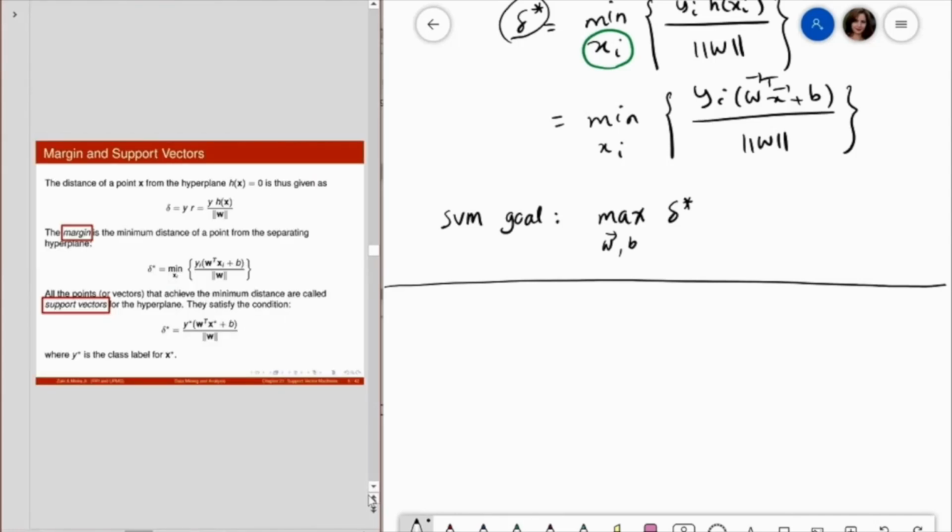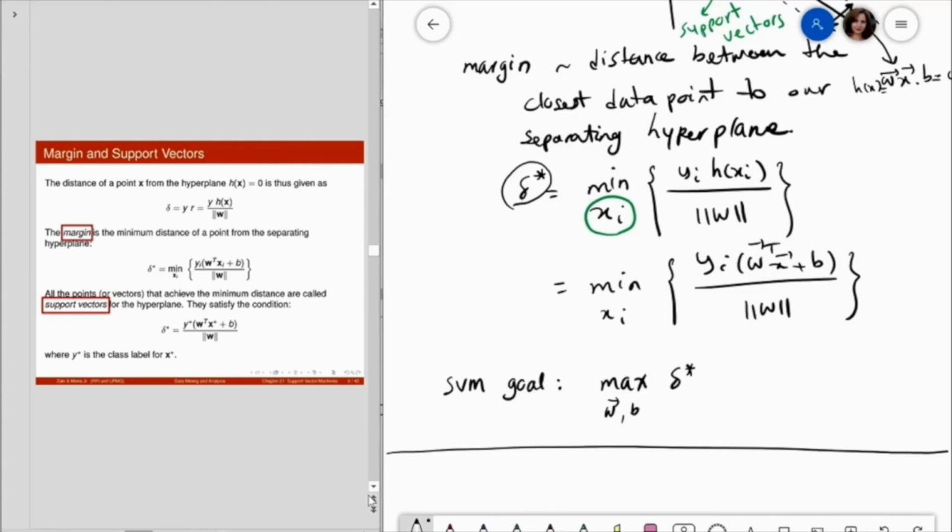We also have learned that the margin is equal to the minimum distance among all our xi's, which are our data points, and the distance is defined as their label, yi, multiplied by h of xi, divided by the norm of vector w. That vector w explains this separator for us. This minimum distance is equal to our margin. And we have also learned about the concept of support vectors.